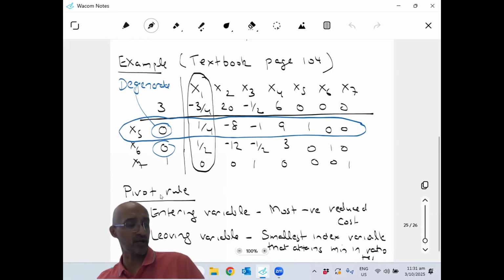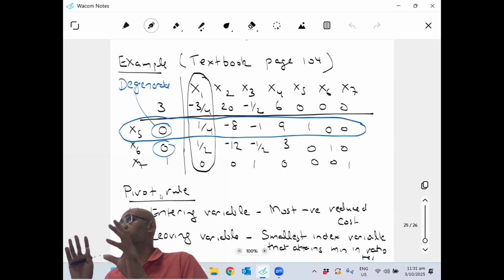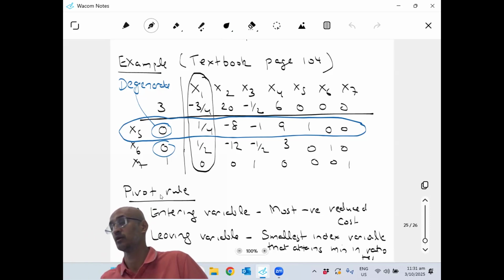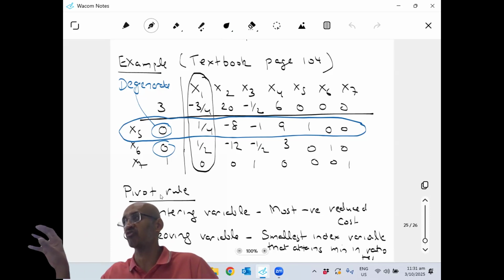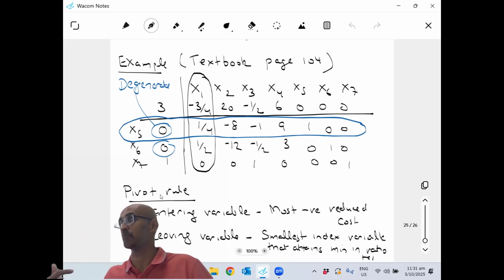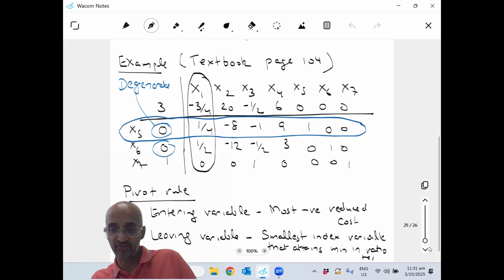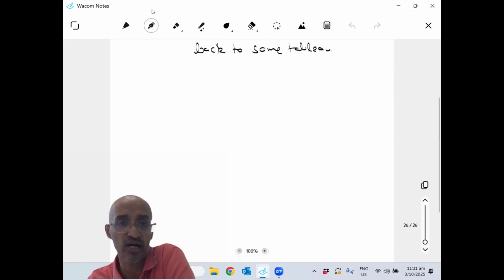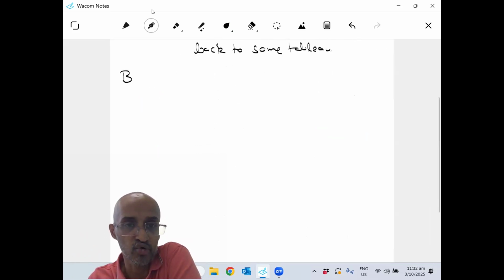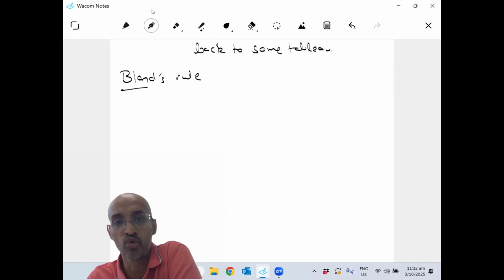So for a long time, people were trying to identify pivot rules which will ensure this cannot happen, that you cannot get cycling. You might be lucky and it may not happen, but there are worst case instances where cycling can happen. The rule that turns out to always work, and we will not do the proof in this class because it's going to take too much time, is called Bland's rule, named after this person.